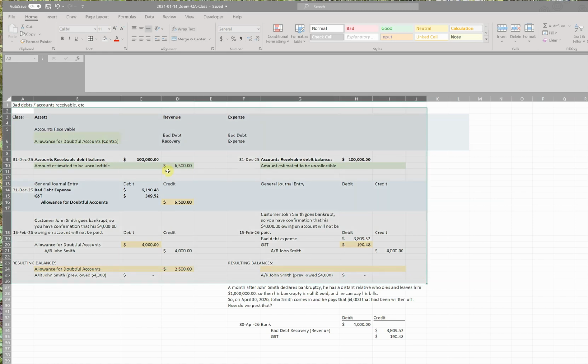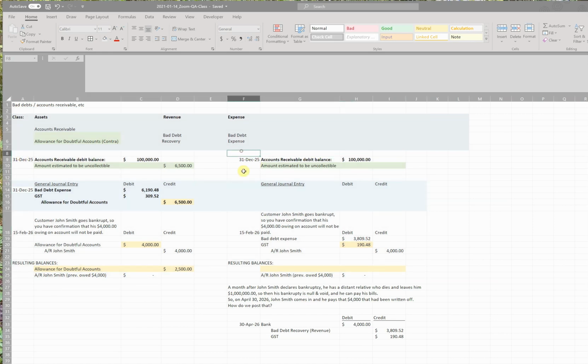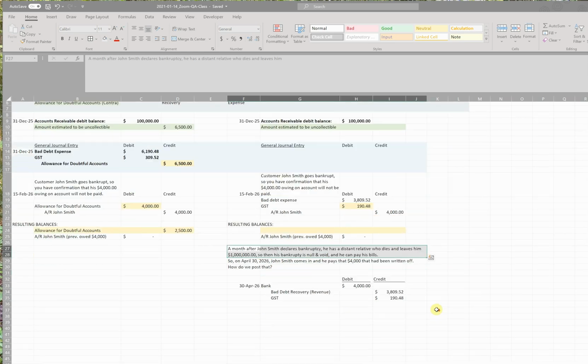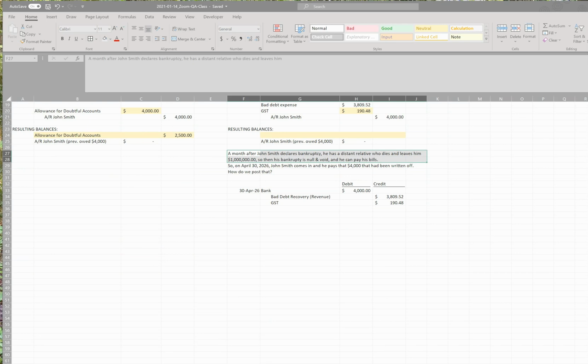So we looked at the first point using an allowance for doubtful accounts, and the second one, there's no allowance for doubtful accounts, so we post it directly to bad debt expense and GST. And then we talked about how a month after John Smith declares bankruptcy, he has a distant relative who passes away and leaves him $1 million.